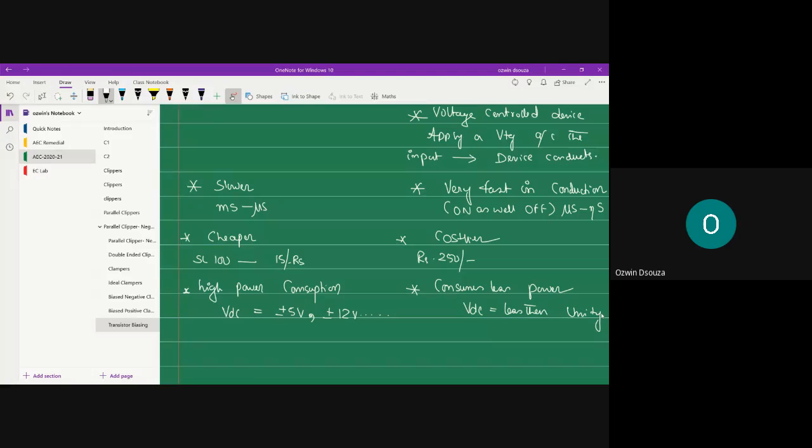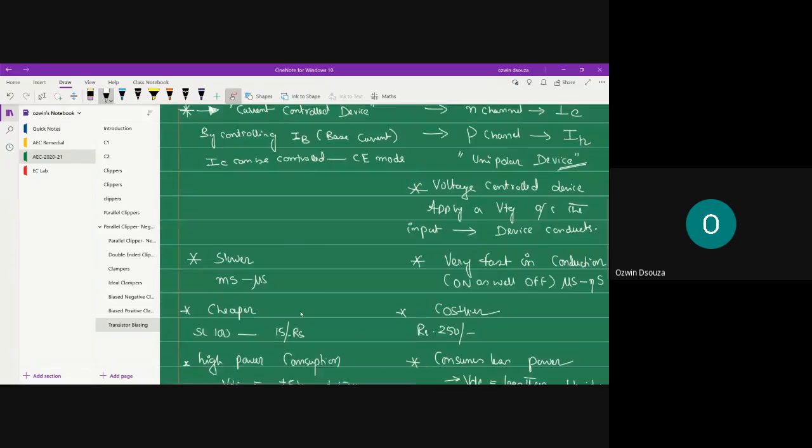Even such devices are there, though that is a very sophisticated MOSFET. Otherwise, you have MOSFETs which work on relatively lower voltage levels, that is plus or minus 5 volts, plus or minus 3 volts. So the power requirement for MOSFET is less compared to BJT.